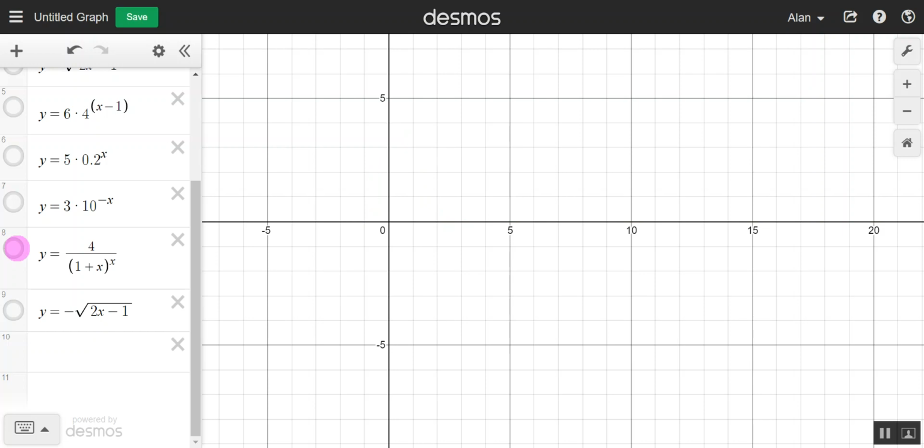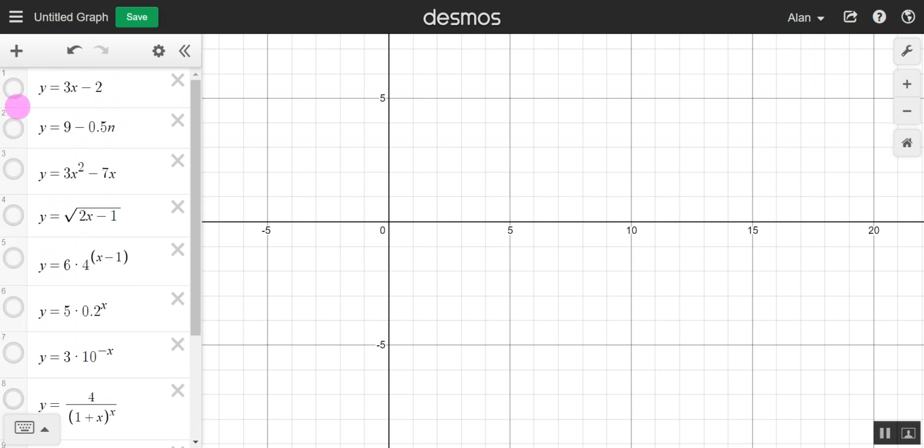So geometric, this is why I've talked about how we can relate that to different types of functions. So geometric sequences are shown by what type of functions? Exponential, right? So which ones are those? So this is linear. This one's linear.